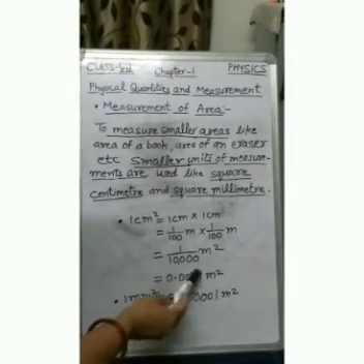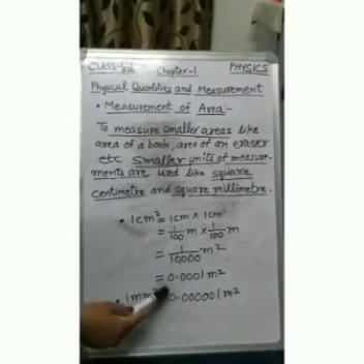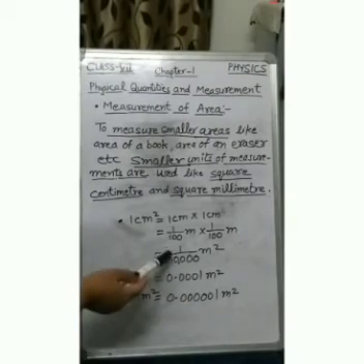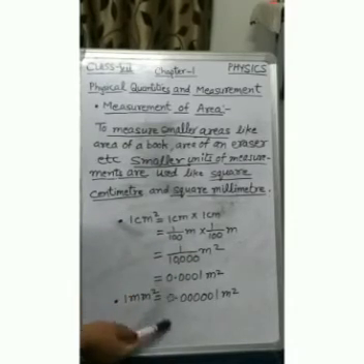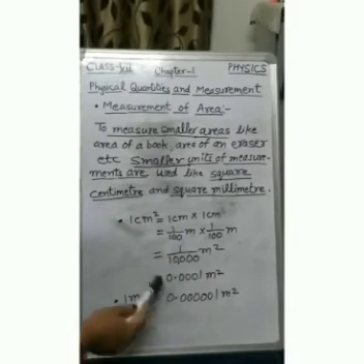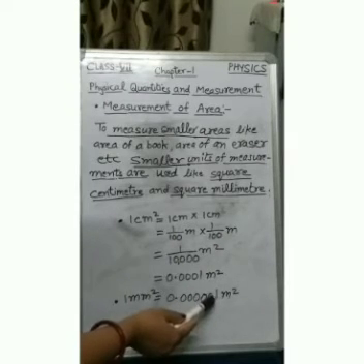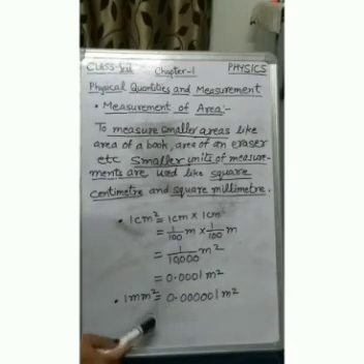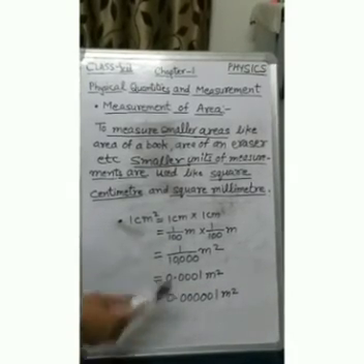You know how to put the decimal. Similarly, 1 square millimeter is equal to 1 millimeter into 1 millimeter, that will become 1 upon 1000 meter, and when we calculate we can write it 0.000001 square meter. So this is the relationship between these units.